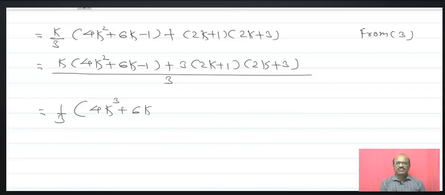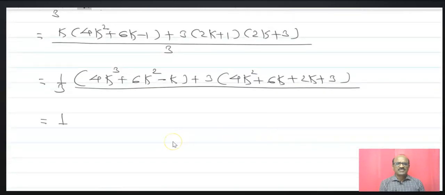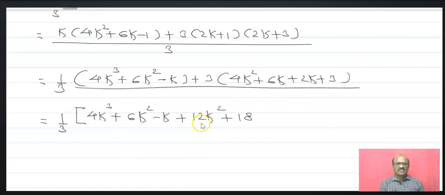Now simplification is 4k cube plus 6k square minus k plus 3 in bracket, the product 2k into 2k, 2k square, 6k plus 2k plus 3, that is equal to 1 by 3. Now the product: 4k cube plus 6k square minus k plus 12k square plus 12k plus 9.